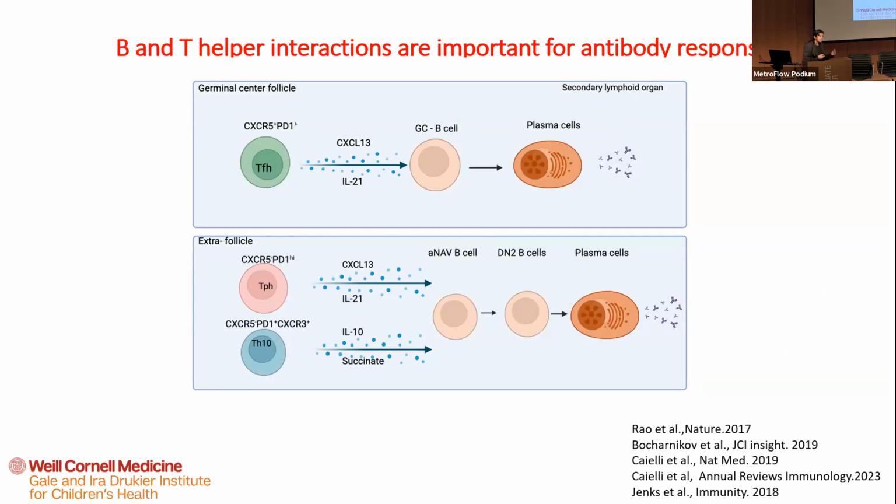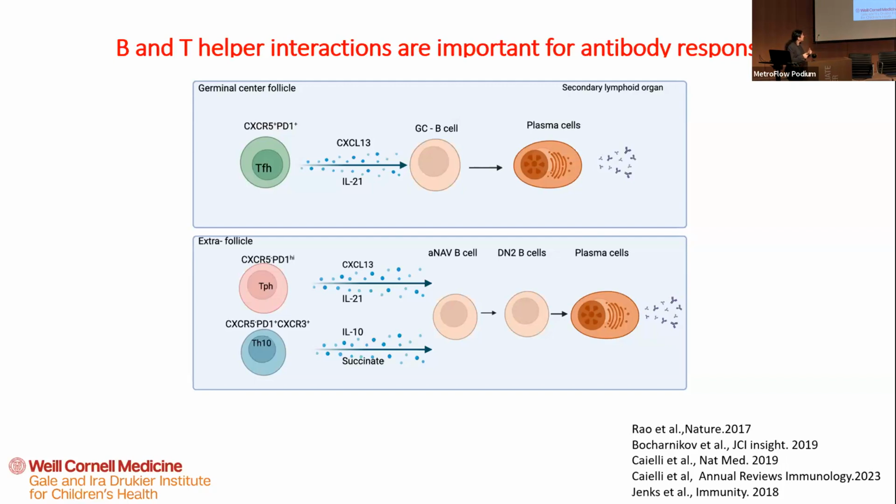And of course, that is a classical pathway, and we think that that is one of the causes for autoantibody generation. But recently, there are several publications, both in rheumatoid arthritis and SLE, that show that there are other peripheral T helper cells that help B cells, and those B cells are double negative B cells, not the conventional memory cells or the conventional germinal center cells, that are found to be expanded in SLE.